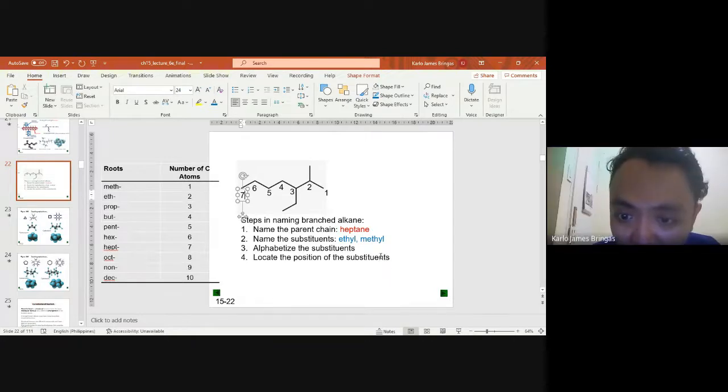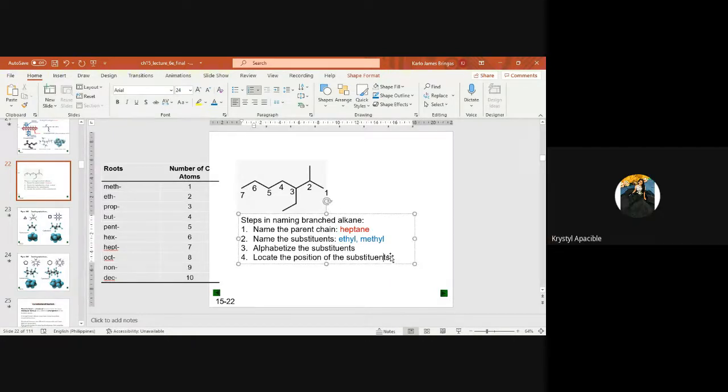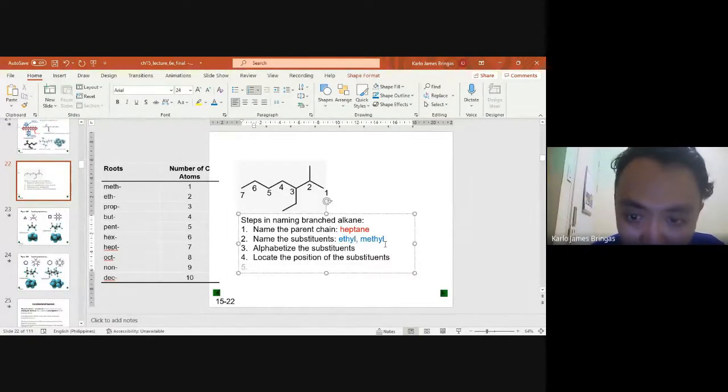So this one, so ethyl is in number 3. And si methyl nasa number 2.